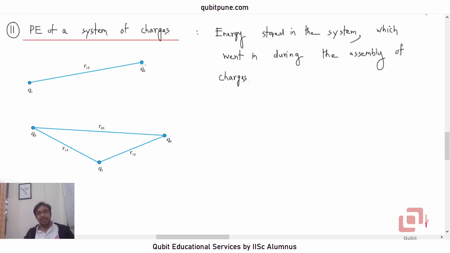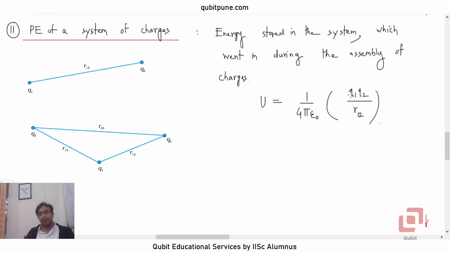But the moment you start assembling the second charge from infinity and put it here, this system will acquire an energy which depends on R12, Q1 and Q2. So can you tell me the formula for the electric potential energy in the first case? 1 upon 4 pi epsilon naught Q1 Q2 divided by R12. That's the formula.